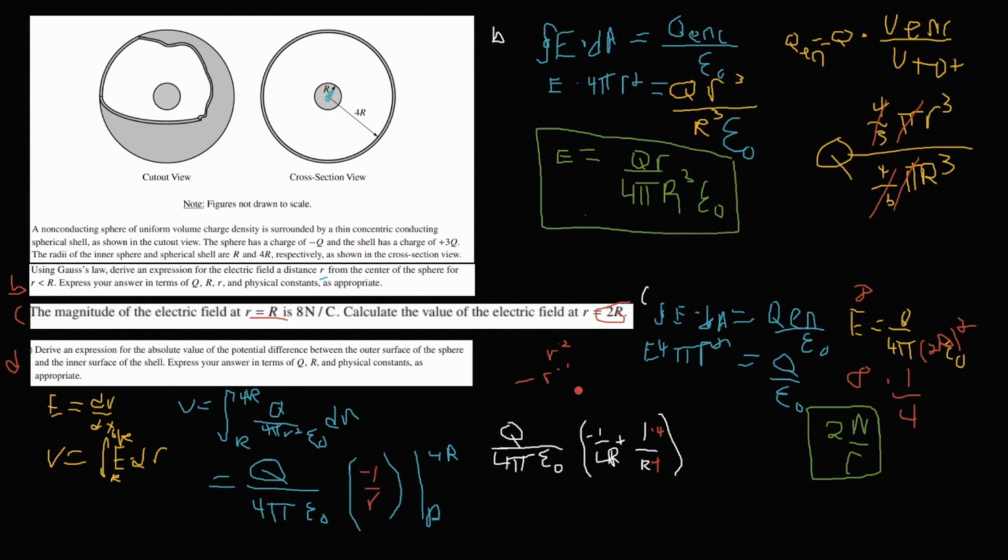And so that would be negative 1 plus 4, which is not negative 3, positive 3, over 4r, times 4 times 4 is 16, so 16 r times pi epsilon naught.